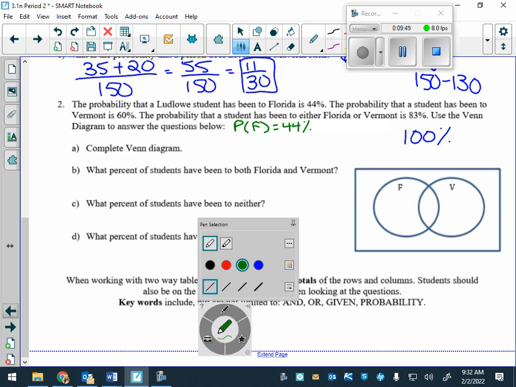We also know the probability of Vermont is 60. So we know this whole circle is going to be 60. We also know the probability of Florida or Vermont is 83.